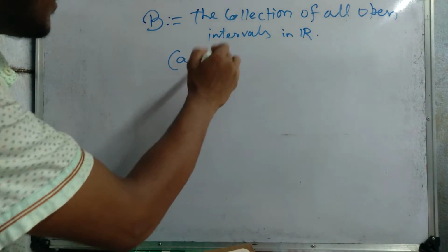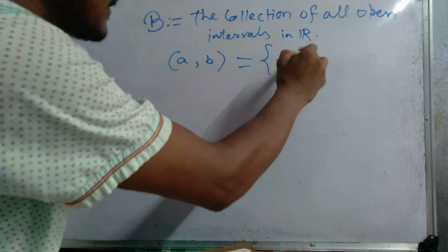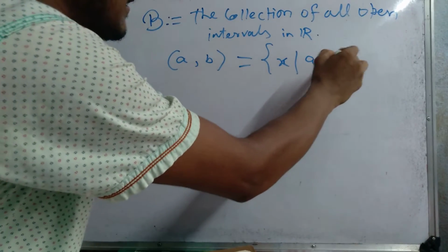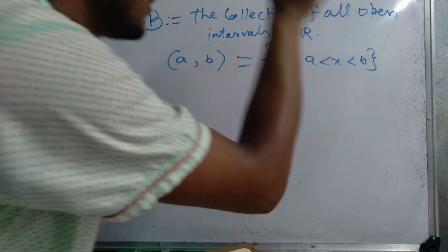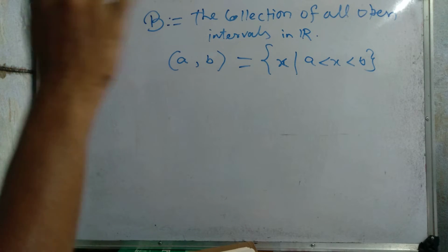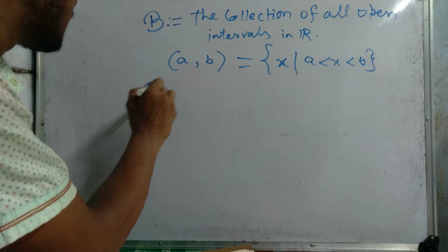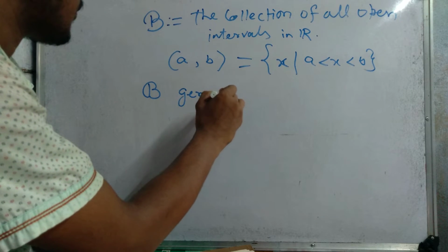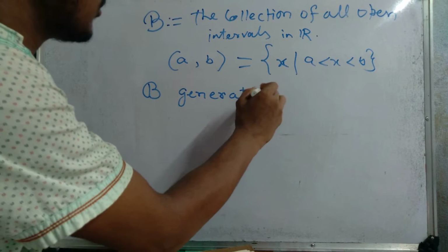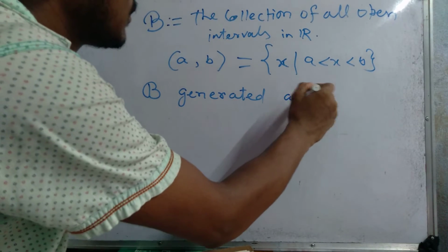We know that (a, b) equals the set of x such that a less than x less than b. In this way, we represent the collection of all open intervals in our script beta, and this script beta generates a topology.